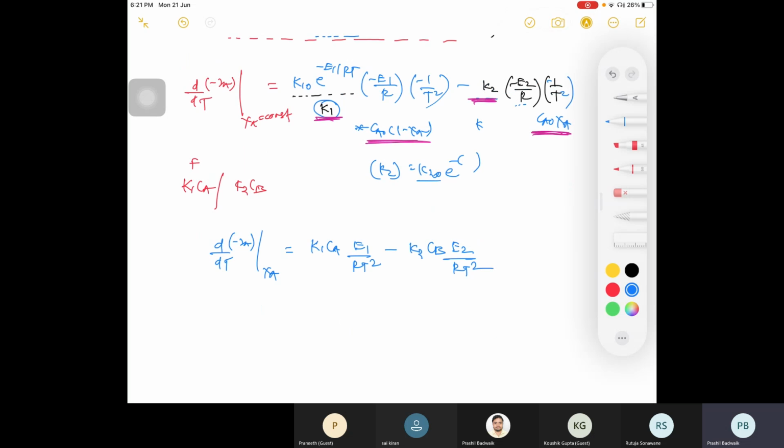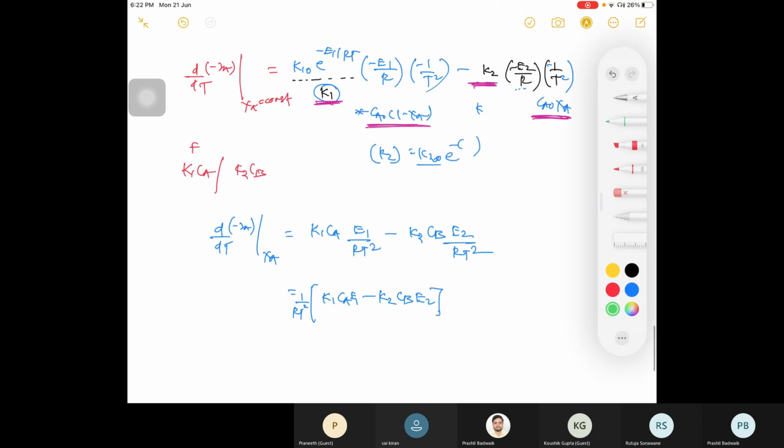Just take out 1 by RT square as common. So you will be having 1 by RT square out of bracket, K1 Ca minus K2 Cb, and you will be having E1. Here it is E2. So this is your equation. So this is your backward rate, and you replace it as R2, you replace it R1.